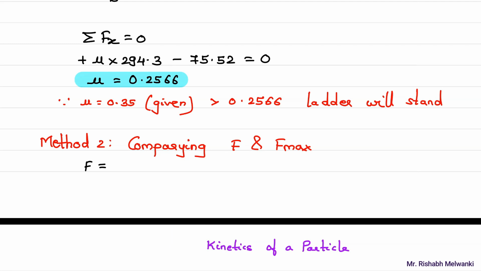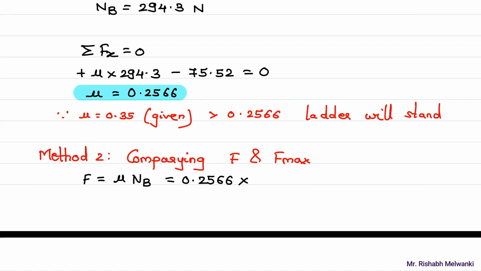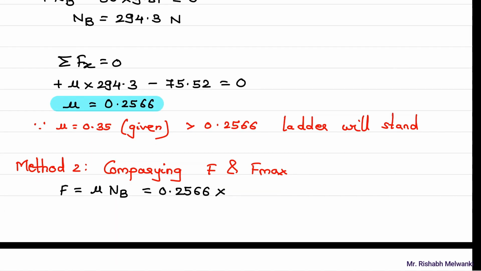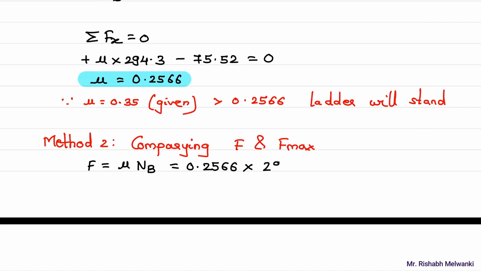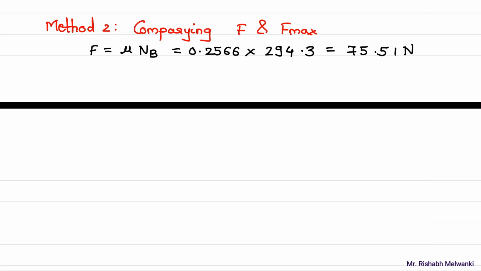So friction force is 0.2566 into Nb. We have found out the value of Nb, 294.3. This is 75.51 Newton. Next I will find F max.